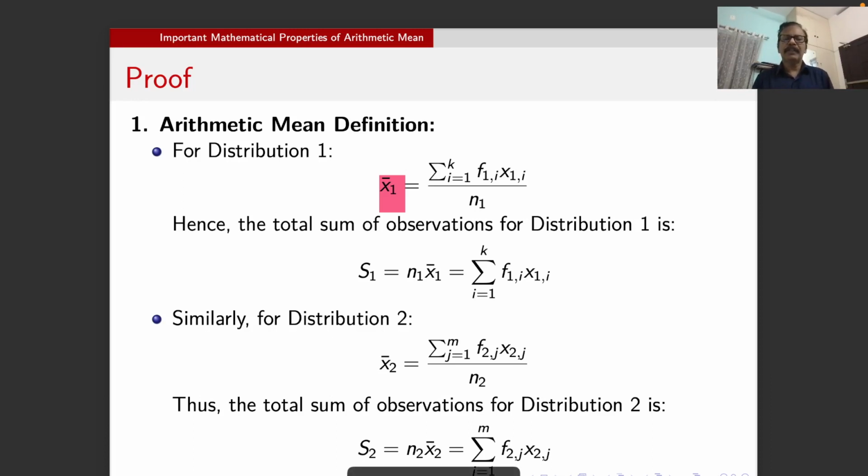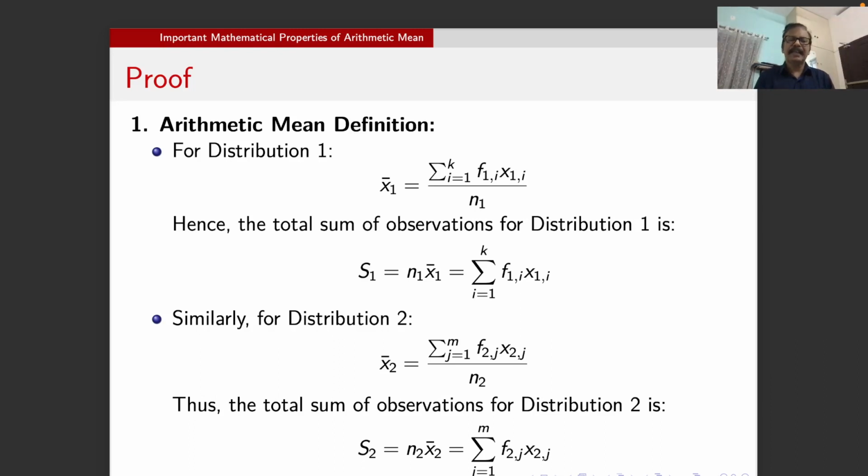So the total sum of the observations in distribution 1 is summation i equal to 1 to n1 f1i x1i, that is n1 x1 bar. Let me denote this sum of the observations as S1.